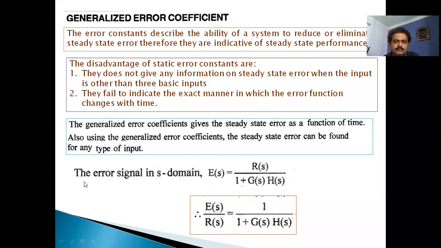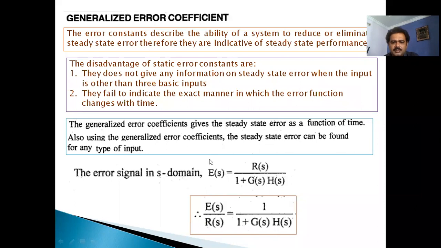Now, we know that the expression for the error signal in S domain is E of S is equal to R of S by 1 plus G of S into H of S. In the previous derivation, we derived the error signal. The same thing I'm going to use here.